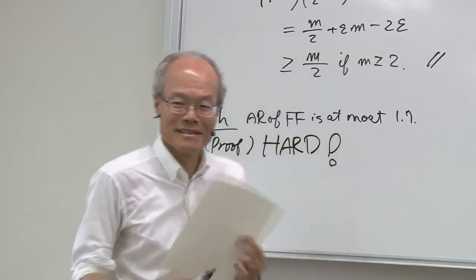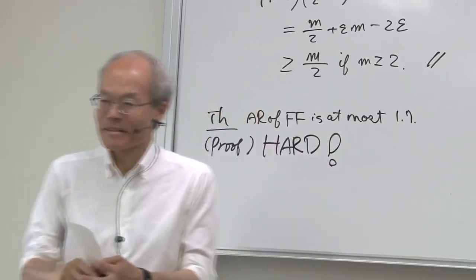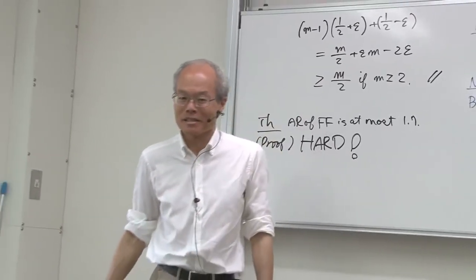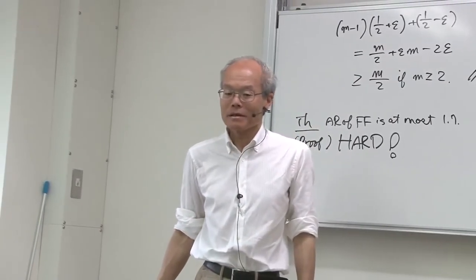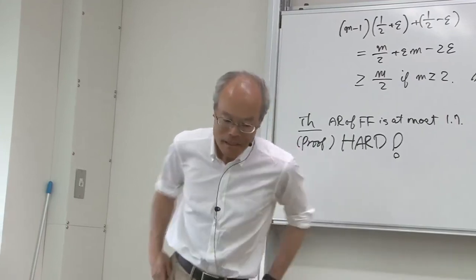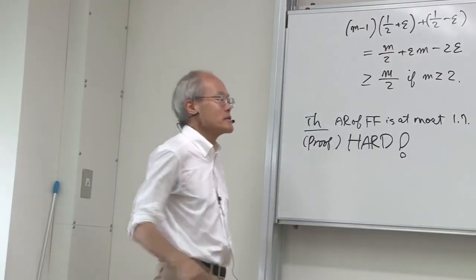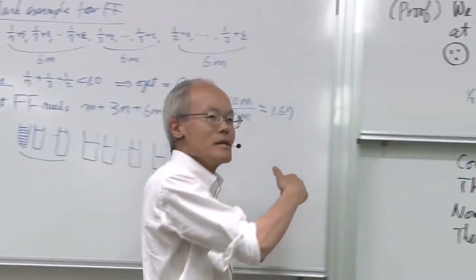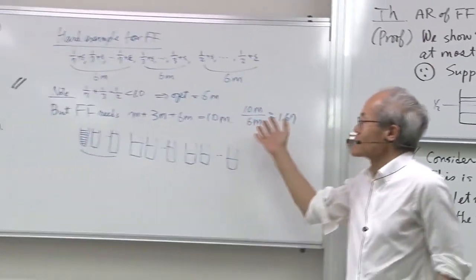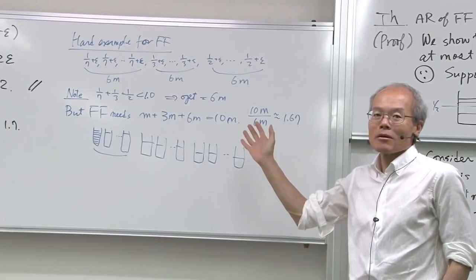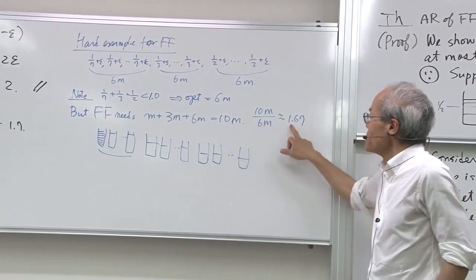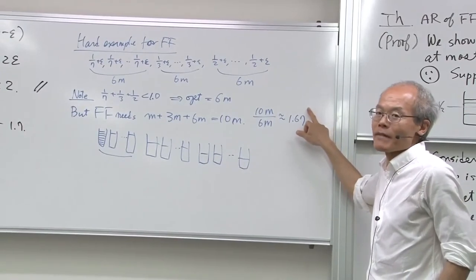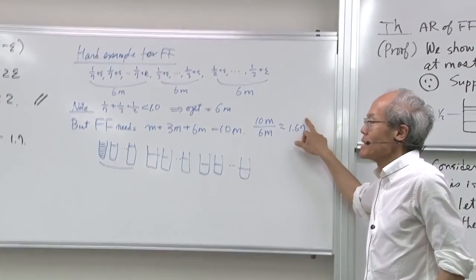Very difficult. Of course, I don't want to get into the details. And of course, you can create even harder examples, so this value might go up to 1.678 or something like that.